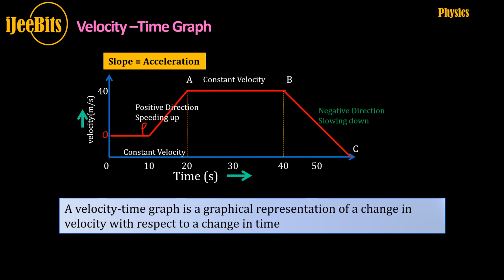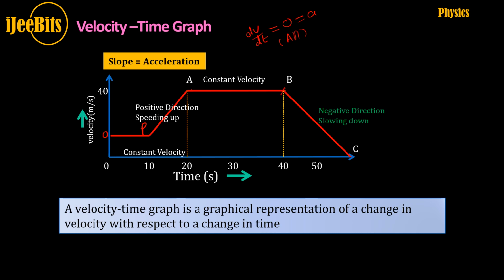So dv by dt is some constant value in the interval P to A, and this is speeding up. If you look at A to B, there is no change in velocity. It's a constant velocity. When you say constant velocity, what does it mean? Change in velocity by change in time, and differentiation of a constant is always 0. So acceleration is 0 between A and B.